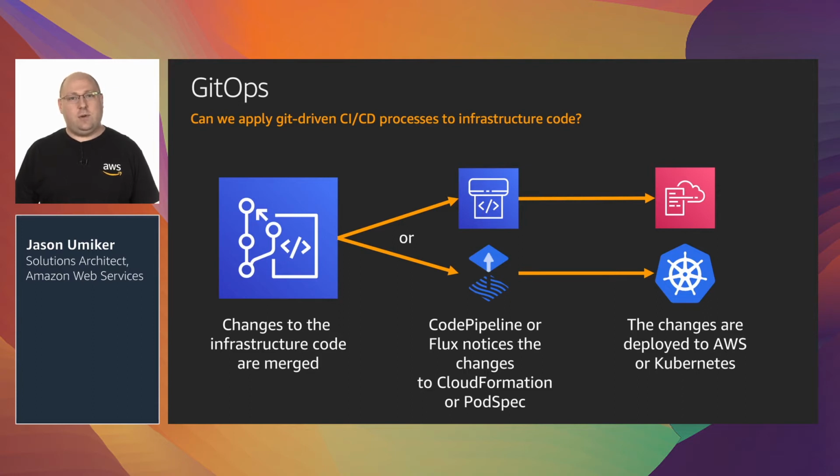So for example, what GitOps would mean here from an infrastructure perspective is that we have these infrastructure JSON, YAML, or CDK files in a Git repo, and changes to them would either trigger a code pipeline to update a CloudFormation stack, or Flux, which we'll look at in a moment, to trigger those changes on Kubernetes.